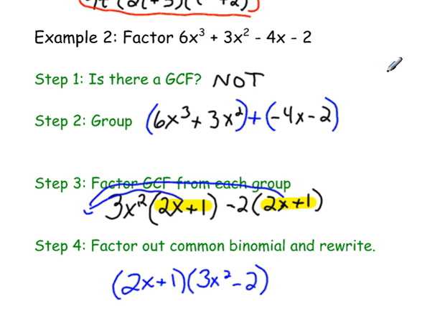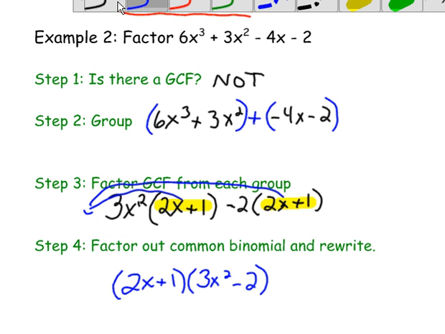There you have it. If you want to check your work with this method, we simply use either the distributive property or the FOIL method, multiply it out, and we should get our original problem up here. So let's try that.